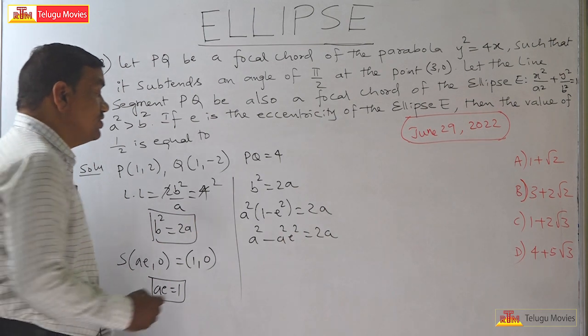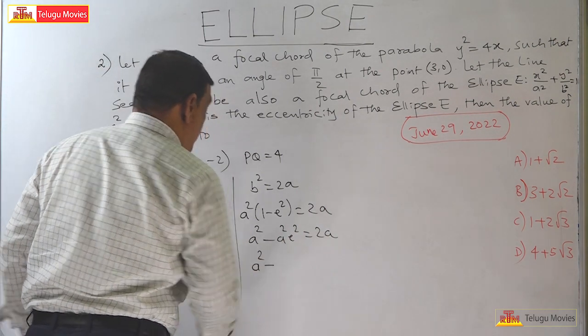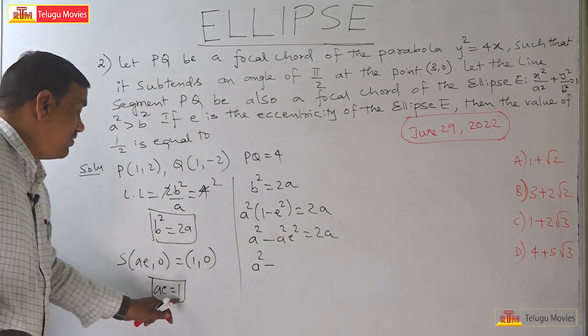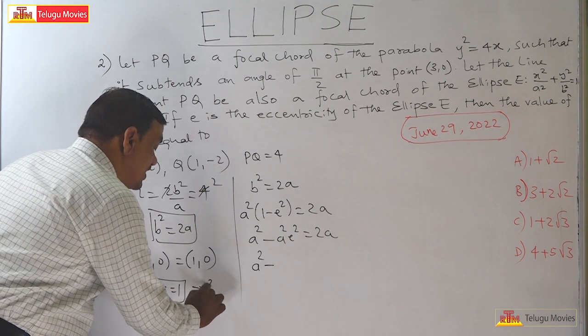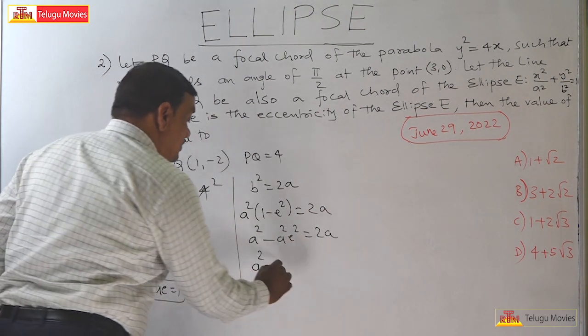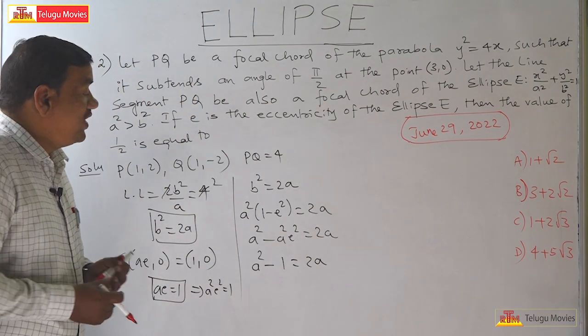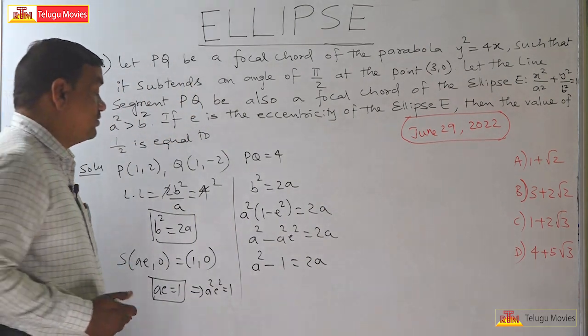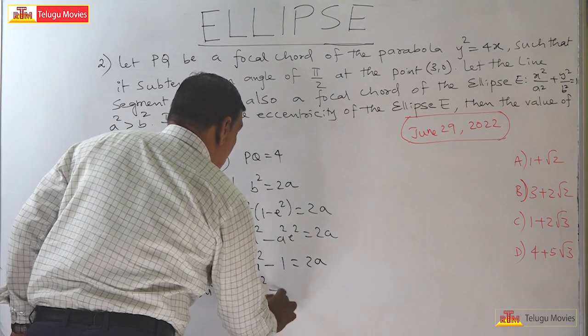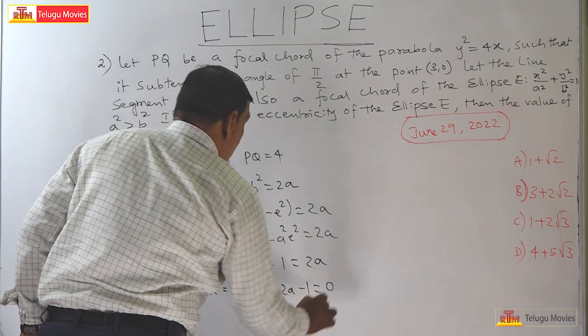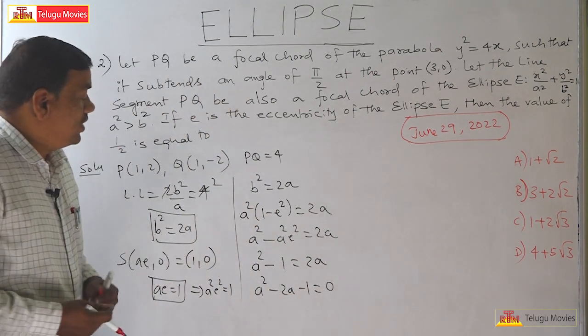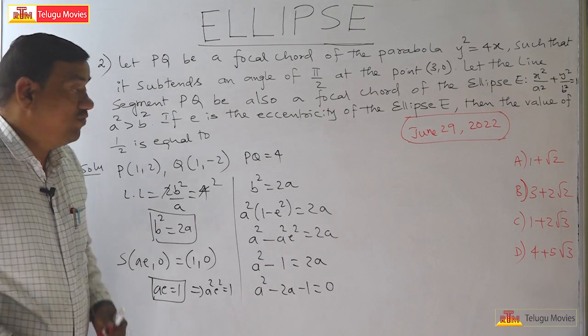So, this is a square minus a square e square, and the a square e square value is equal to 1, that is equal to 2a. So, anyhow we got a quadratic equation in a: a square minus 2a minus 1 is equal to 0. Let us solve this equation using the formula method.